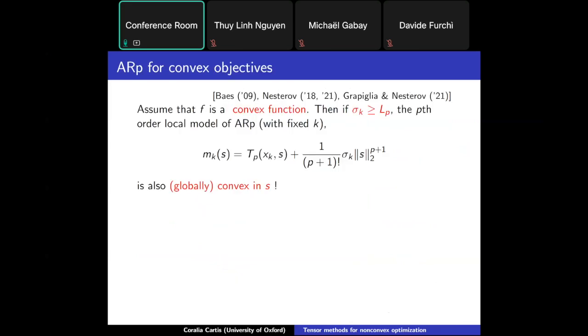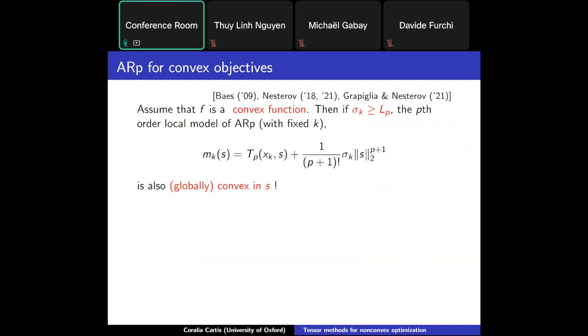Before I go on to that, let me tell you a little bit about what has been happening in the convex case. I only spoke about the non-convex case. Now, if my function f is convex, Nesterov himself has gotten into this topic, after us, essentially. And if f is convex, here's what happens to these local models.